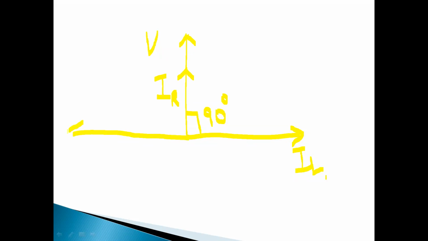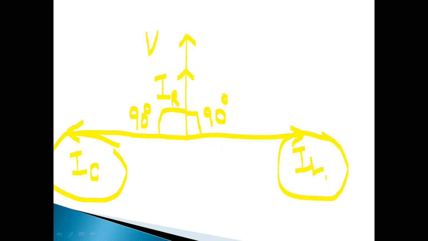This is the pure capacitive current IC. So this is a leading current, a lagging current, and an in-phase current. This is the inductive current, this is the capacitive current, and this is the resistive current in phase with the voltage.